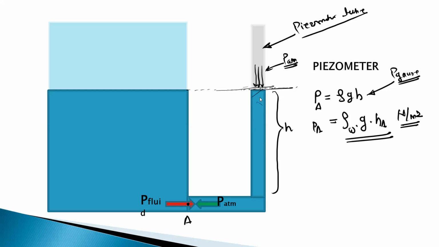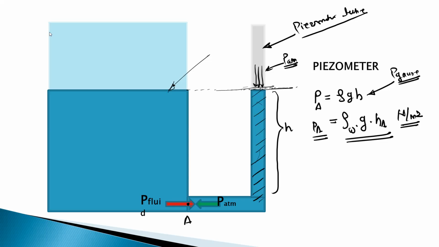So this is the liquid height in this piezometer tube, and because of this height we get this pressure, which is P. Another use of the piezometer is that it will directly give the height of the liquid in this tank.